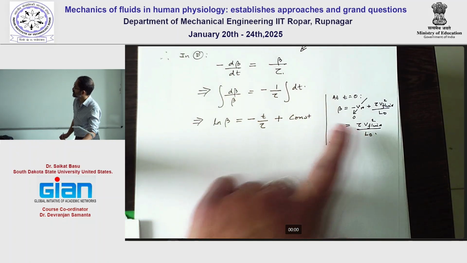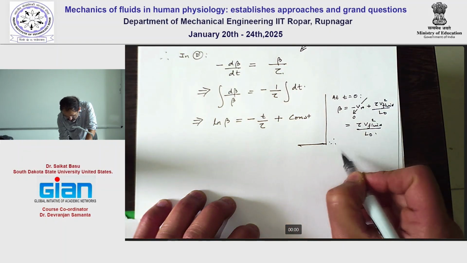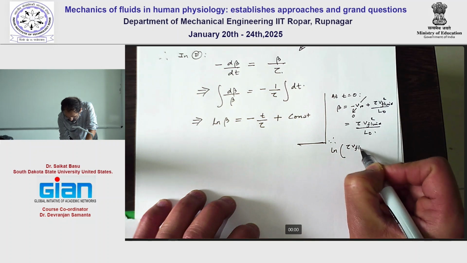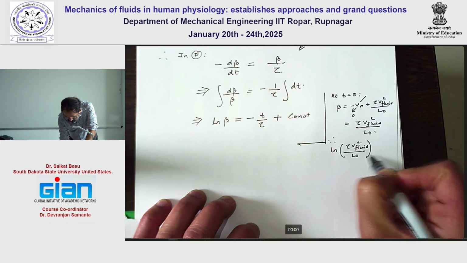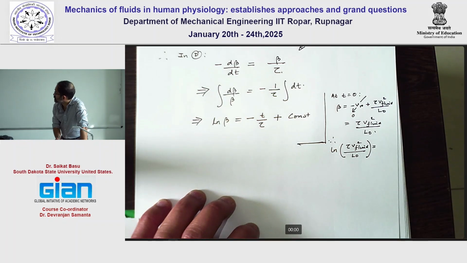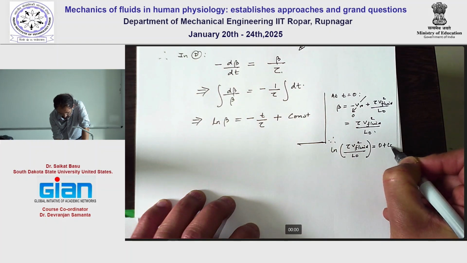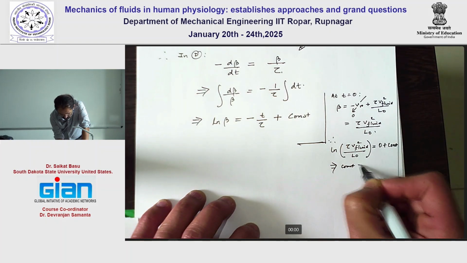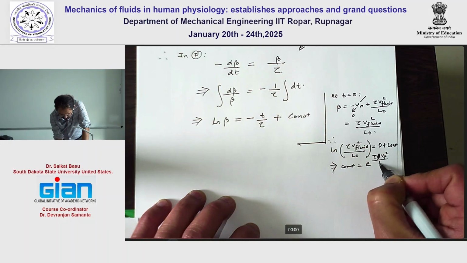Plugging this back in, at t equal to 0, ln of tau V fluid square by L naught equals the first term on the right hand side, which is 0, plus this constant.